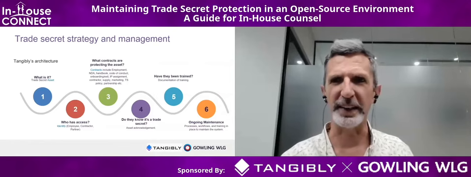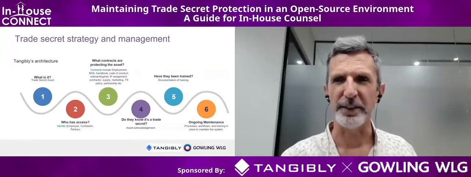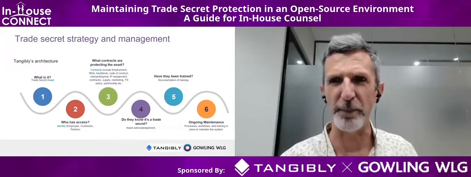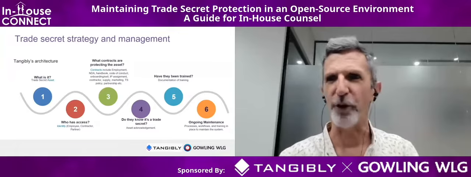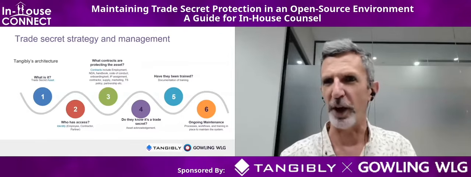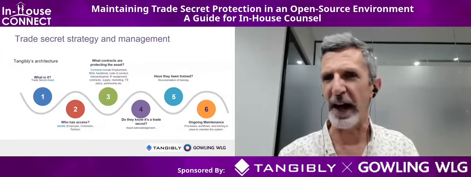And this slide reflects what we've talked about in previous webinars. Tangibly always talks about 5 best practices around managing trade secrets, and those are the first 5 out of these 6. So you have to understand what your assets are, first off. You need to control access.